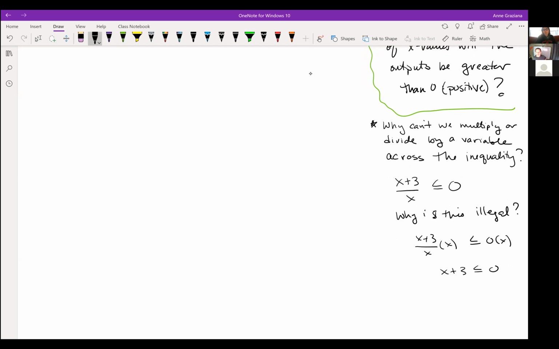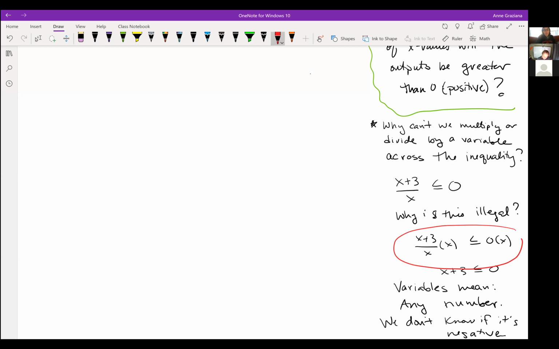That's easy to solve. But we don't know variables. Variables mean any number. So we don't know if it's a negative number. So that's why you cannot do this.